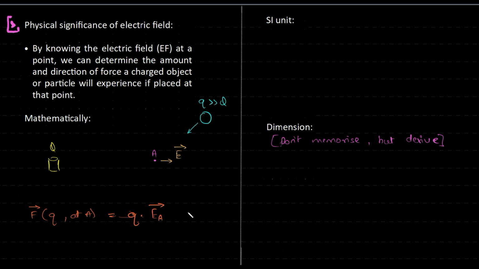As simple as that. So the physical significance is that by knowing the electrical field at a point, we can determine the amount and direction of force a charged object or a particle will experience if placed at that point.